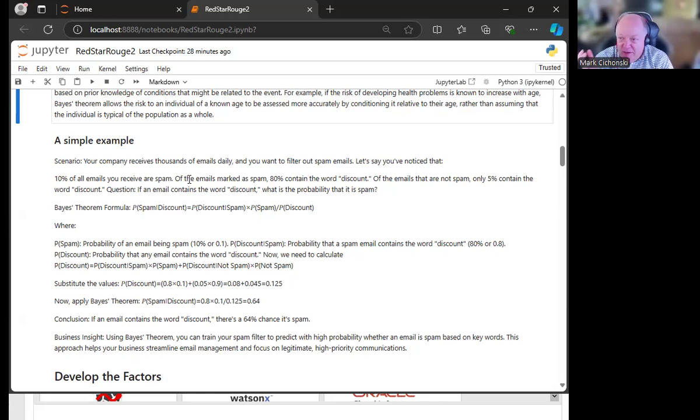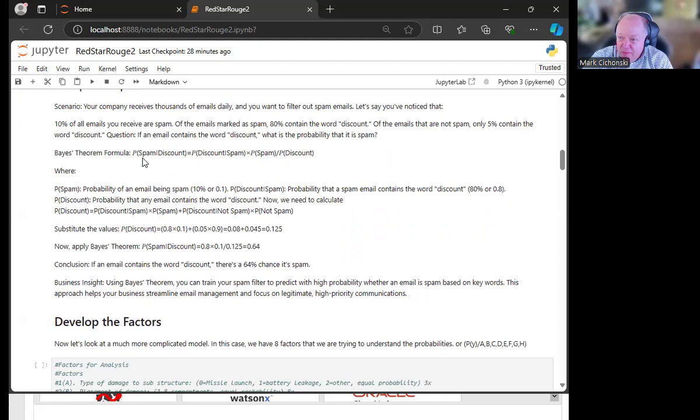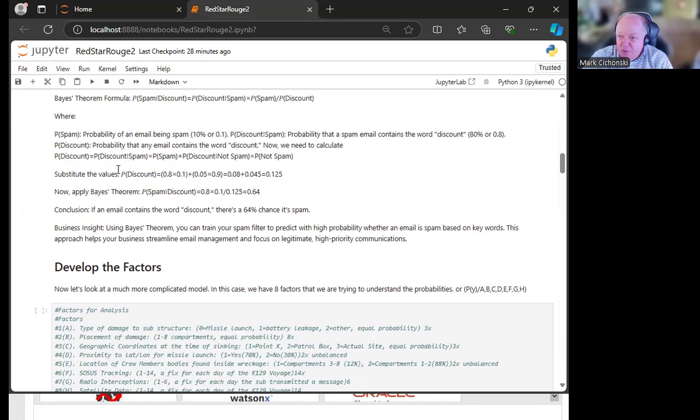So the question becomes, if an email contains the word discount, what is the probability that it's spam? Using Bayes' theorem, that would be P(spam | discount) equals P(discount | spam) times P(spam) divided by P(discount). If you run through this, it tells you there's a 64% chance that if the email contains the word discount, it's spam.